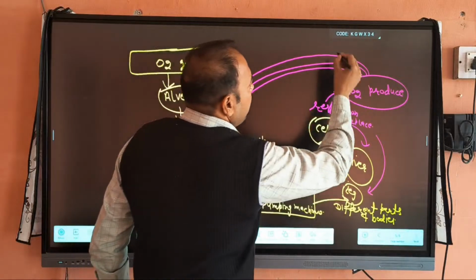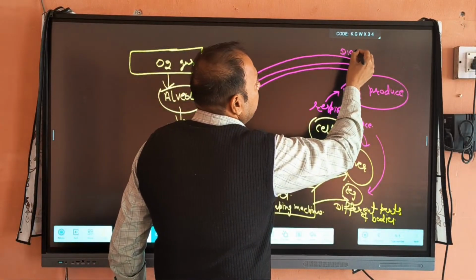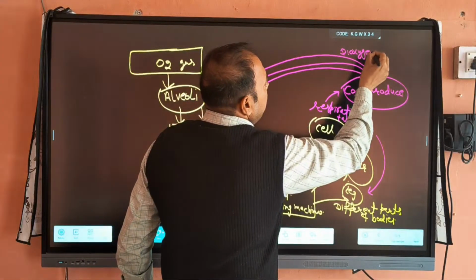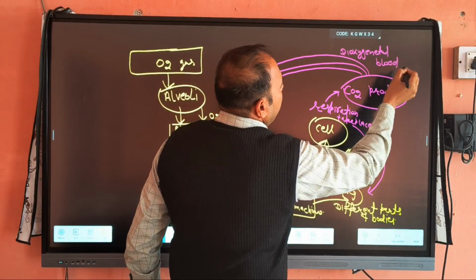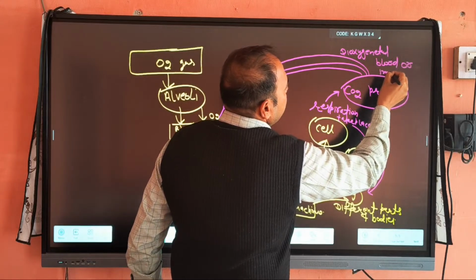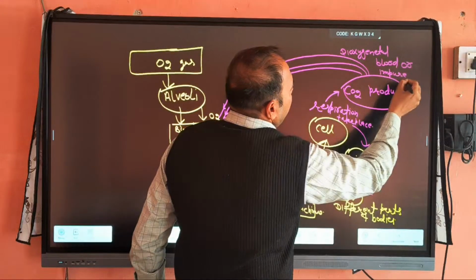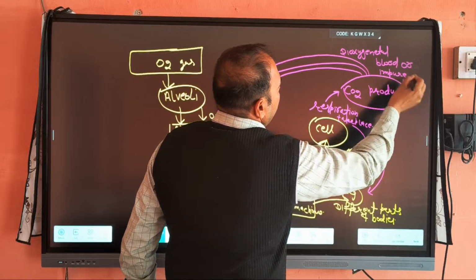This is known as deoxygenated blood, or impure blood.